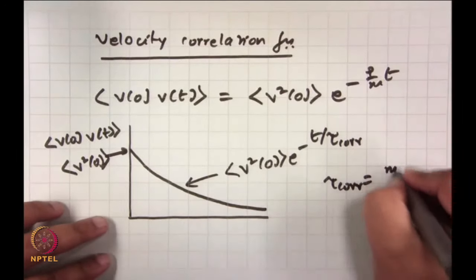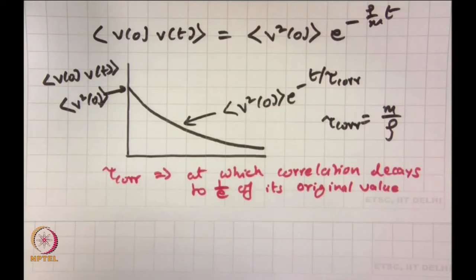Okay. So, again tau correlation, or m by xi, is that time at which your correlation signal decays to 1 by e of its original value. That is how tau correlation is defined.